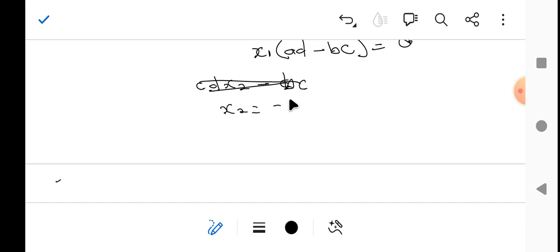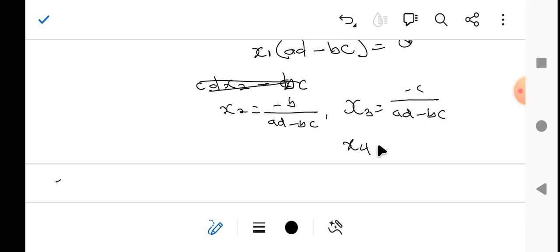minus b upon ad minus bc. Similarly, if I do the algebra properly, I'm going to get x3, which is equal to minus c upon ad minus bc. Then x4 is going to be a upon ad minus bc.